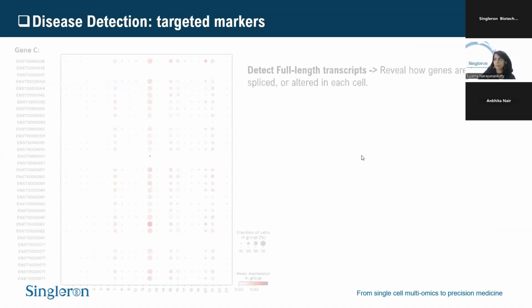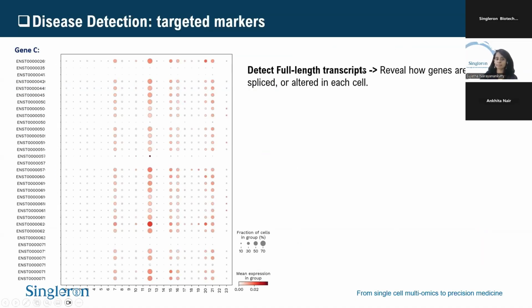So for that, you can use a full-length transcript detection kit. The one we have is called MobiuSCOPE. So what this gives you is, for that particular gene, not only do you know the places in which the mutations are, you can actually find out all of the different transcripts detected for that gene.